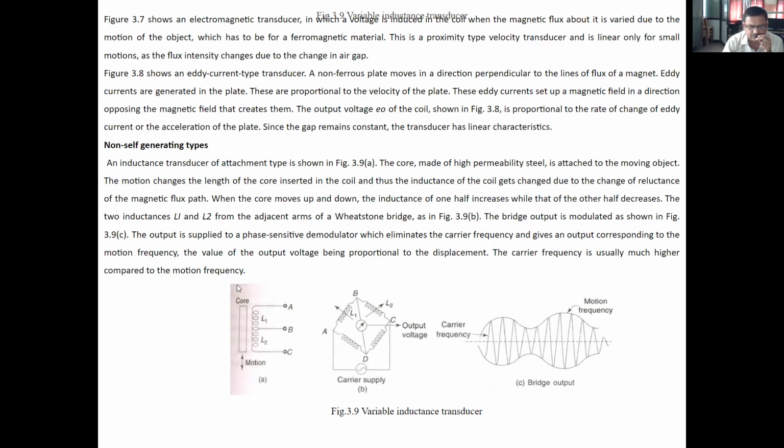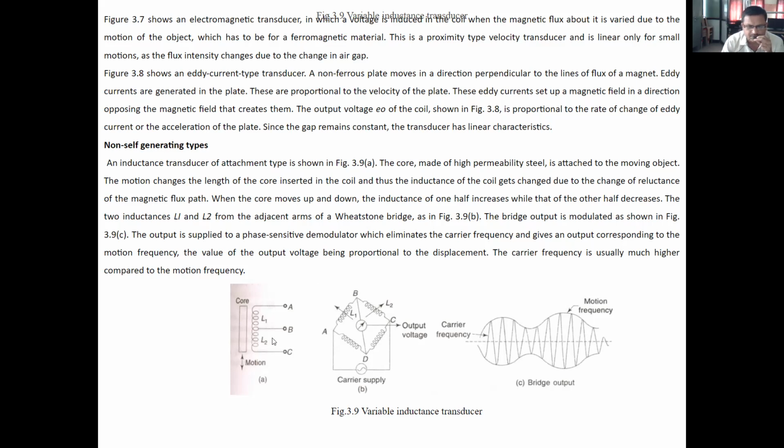Therefore, when this core moves up and down, depending upon the portion of this core in front of the coils L1 and L2, there will be a change in magnetic flux. Thus the inductance of the coil gets changed due to the change of reluctance of the magnetic flux path.